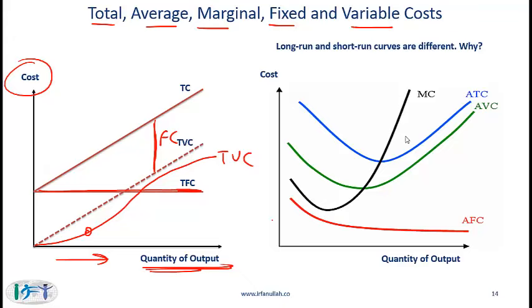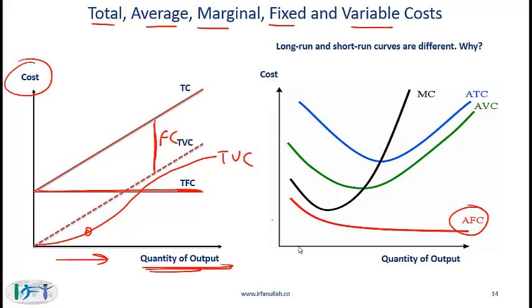Now let's come to the right side of the screen, and here again I'll emphasize that we are looking at short run costs or short run curves. In the long run, the costs will be different, and therefore the long run curves are going to be different. Let's consider the average fixed cost first, which is easy to understand. Average fixed cost is simply the total fixed cost divided by quantity.